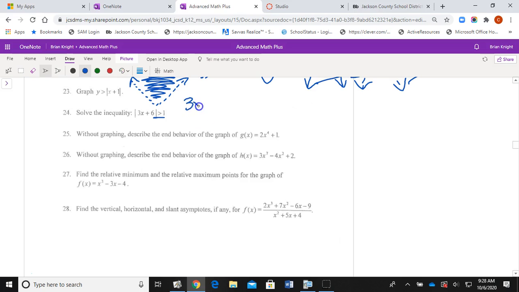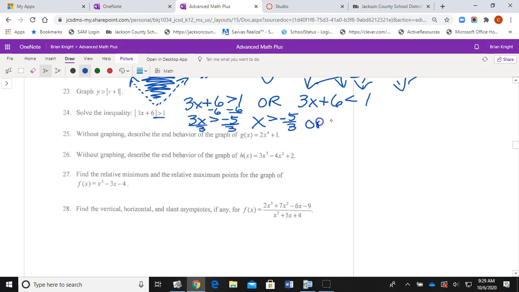So I say 3x plus 6 is greater than 1, or 3x plus 6 is less than 1. I subtract my 6 over on both sides. That'll be 3x is greater than negative 5. Divide by 3. So x is greater than negative 5/3. Or over here I subtract 6, I get 3.